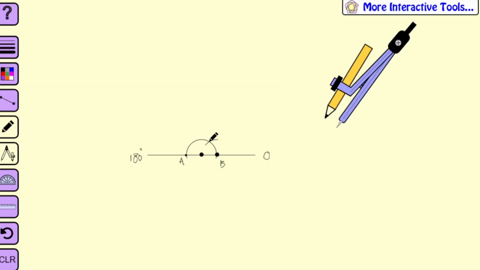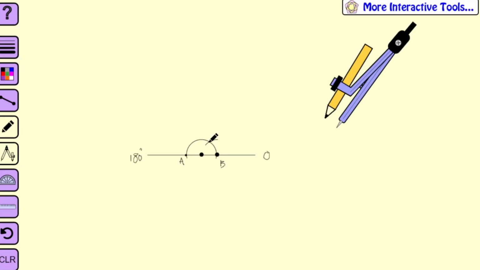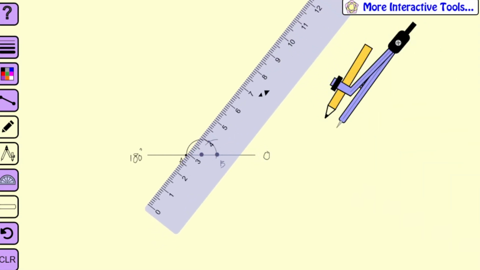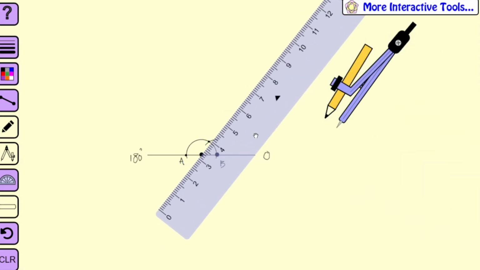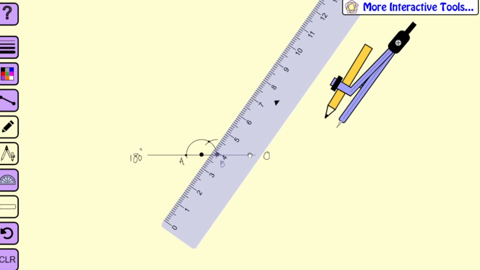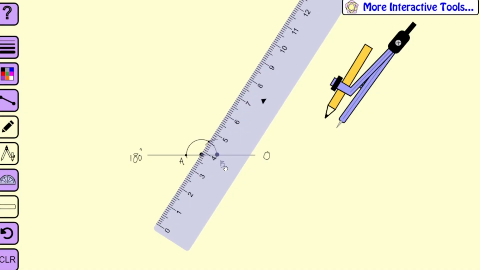So at this point now, you're going to draw your line through where your semicircle has been intersected by this little arc. So you get your ruler, turn your ruler how it's supposed to be turned, and you ensure that it is going from the vertex, all right, through the point where it intersects.